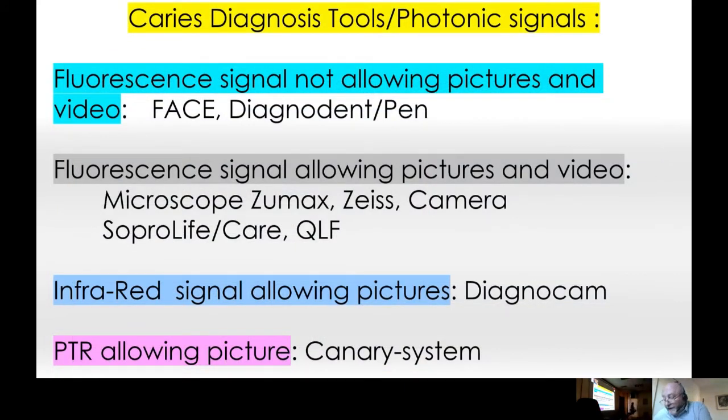So among the photonic tools for diagnosis, some allow video and magnification, and others just give a numeric cutoff value or not after the light excitation. That's the point.